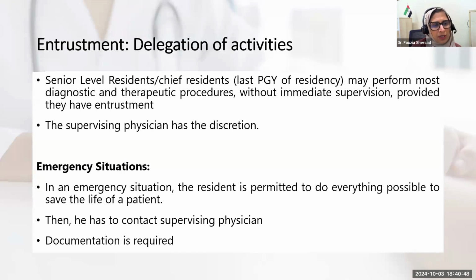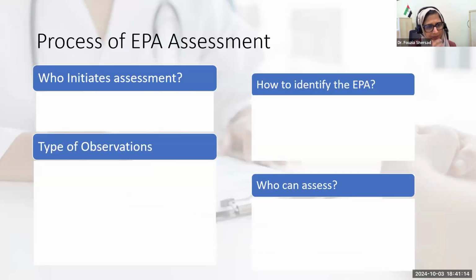For most therapeutic and diagnostic procedures, if they have achieved entrustment, they can perform. And the supervising physician again has the discretion to decide whether he can permit the trainee to perform it with or without immediate supervision. Let's go to the next one.